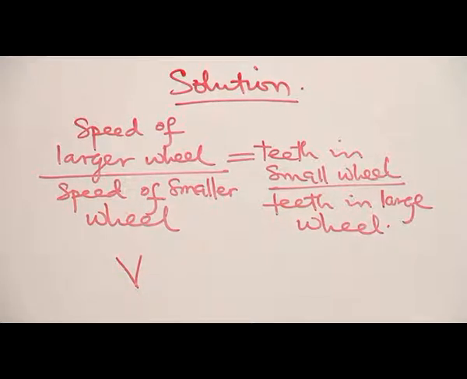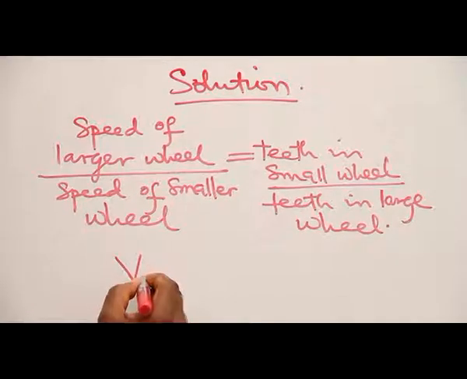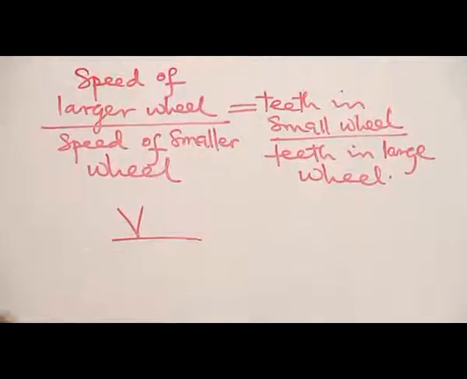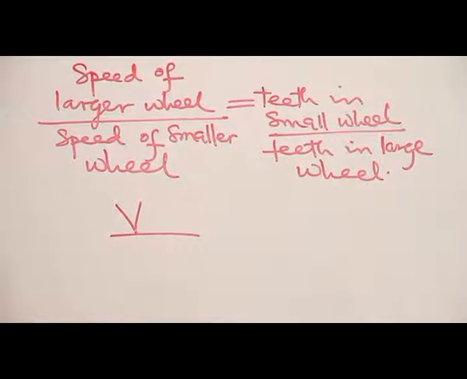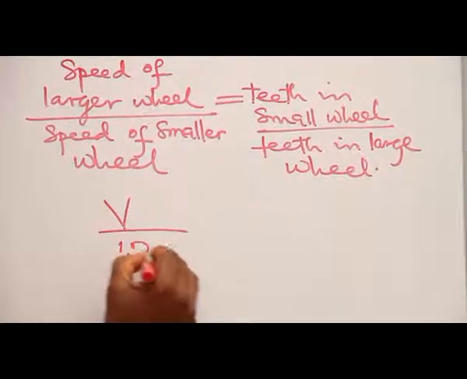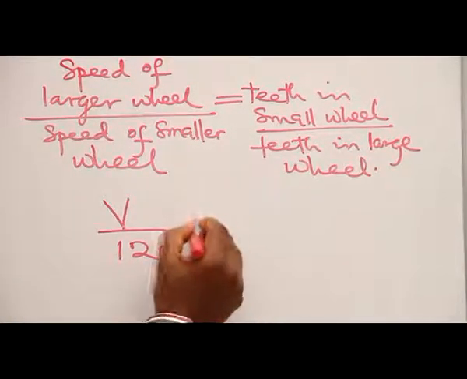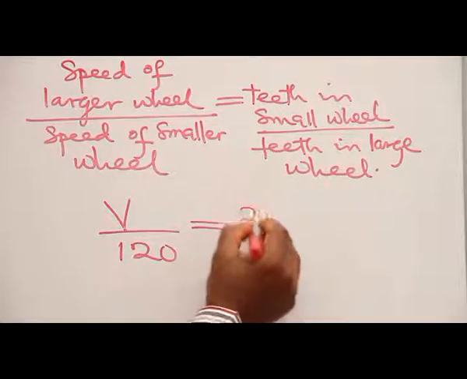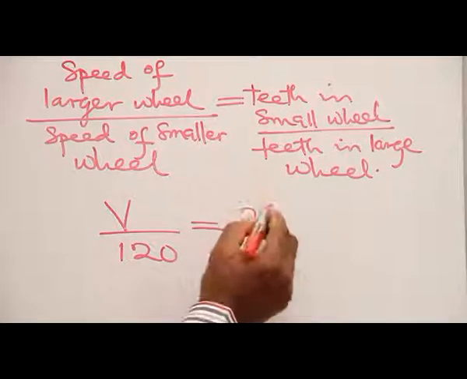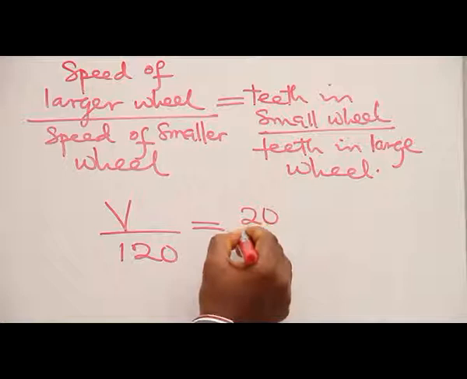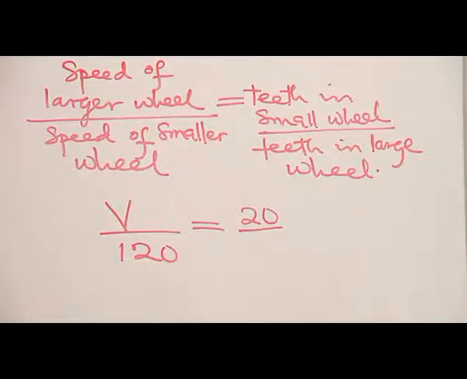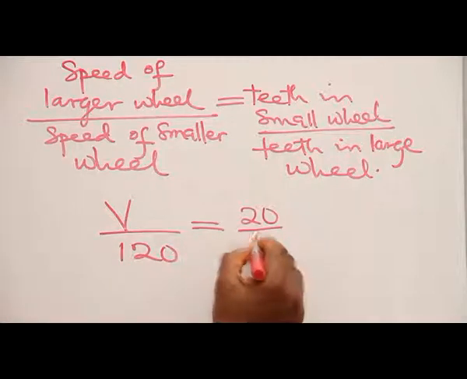The speed of the large wheel, V, divided by that of the small wheel, that is 120, is equal to the number of teeth in the small wheel, that's 20, divided by the number of teeth in the large wheel, and that is 60.